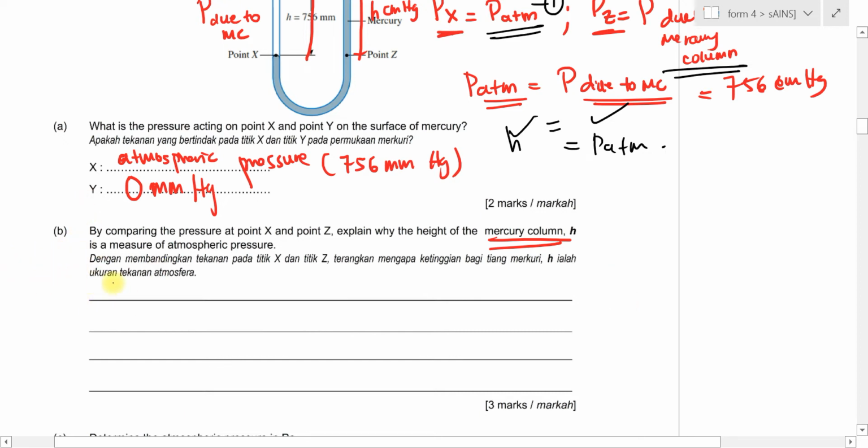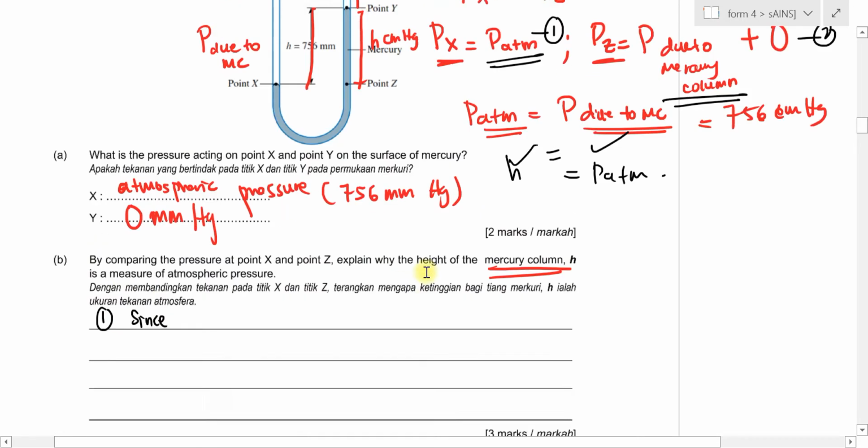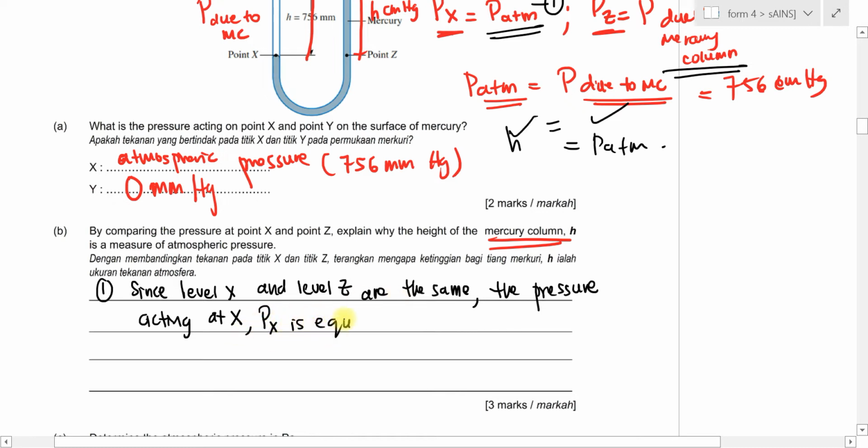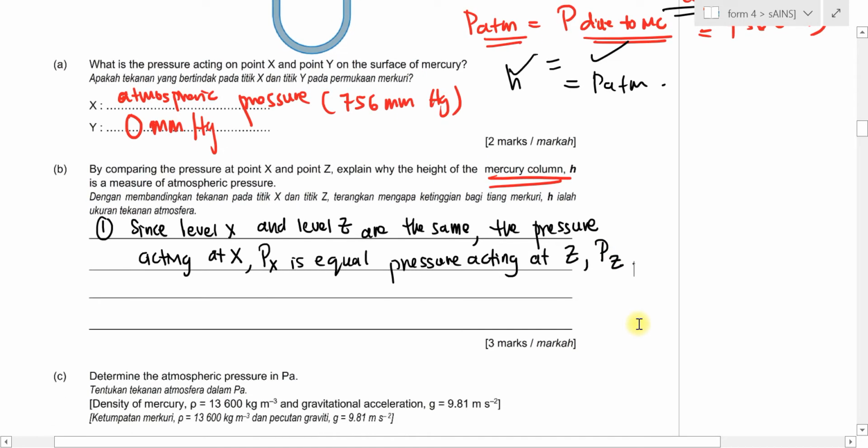First point: since the level at X and the level at Z are the same, the pressure acting at X, which I name as Px, is equal to the pressure acting at Z, that is pressure of Z. Okay, first point done.